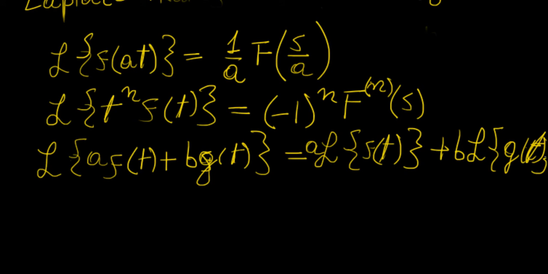Hopefully that's a little bit intuitive. The reason the constants come out is because the Laplace transform of a function times a constant is the same as this. So that's another property that we need to remember.